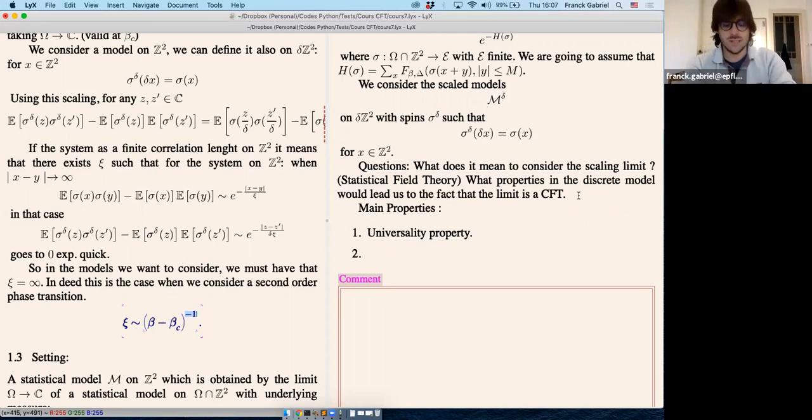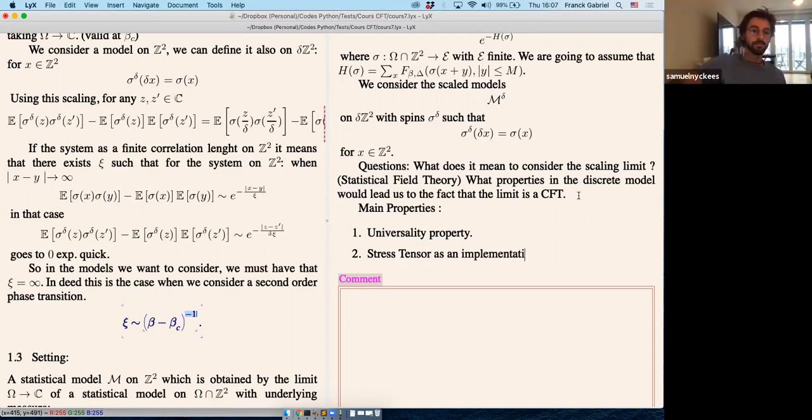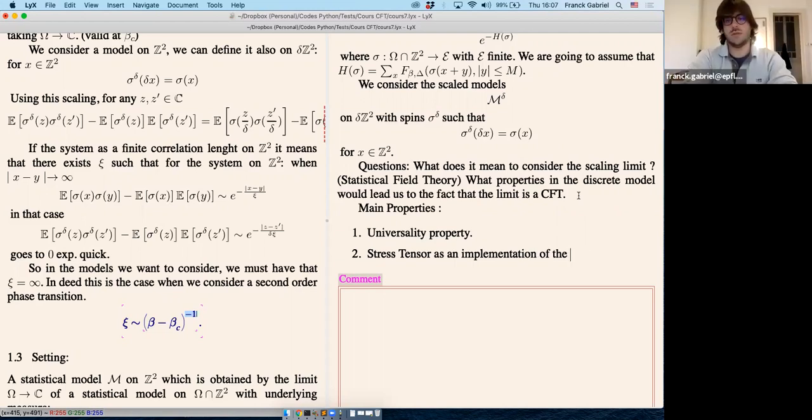And then we will see that we'll have to introduce the stress tensor as an implementation of the deformations of the background space.